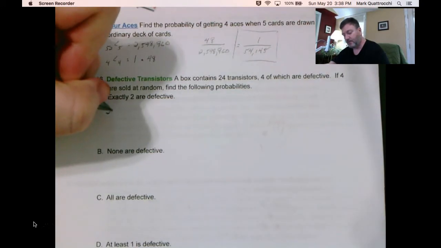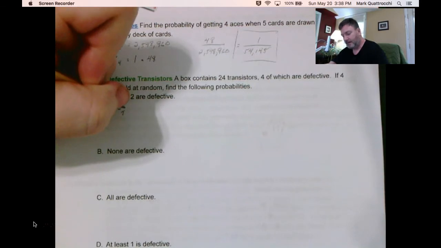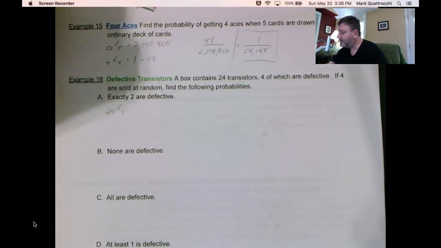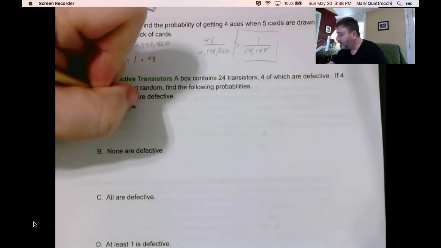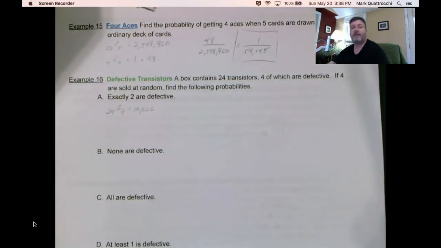Well, there are 24 of them, choosing 4 of them. And that gives me 10,626 possible combinations for the 24 transistors to be sold, 4 of them.